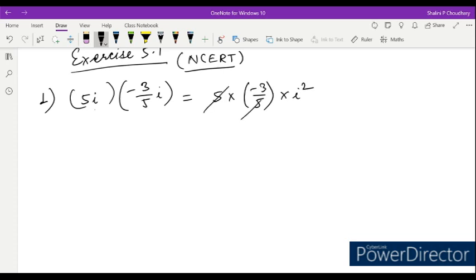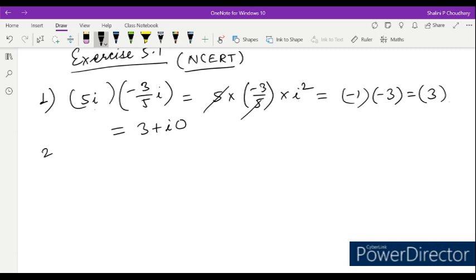This 5 cancels, and i square is equal to minus 1, and already this is minus 3, so it will be 3. So we get 3. In the form a plus ib, we can write 3 plus 0i.